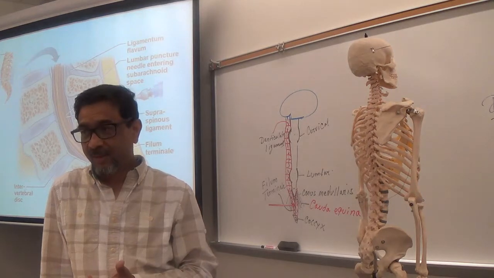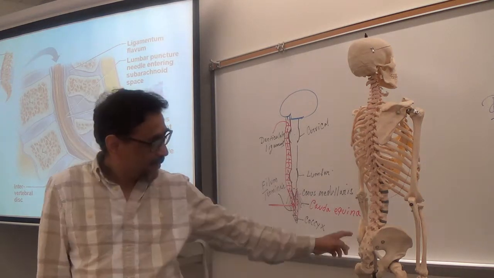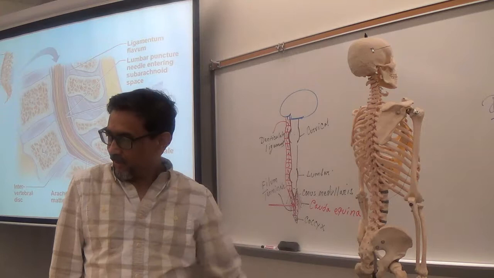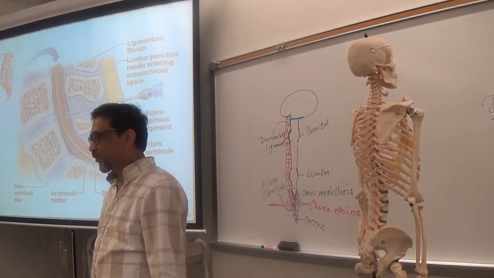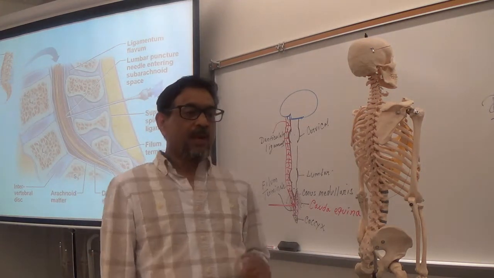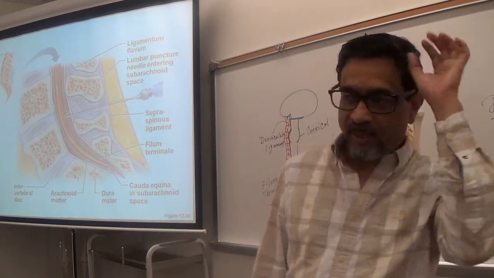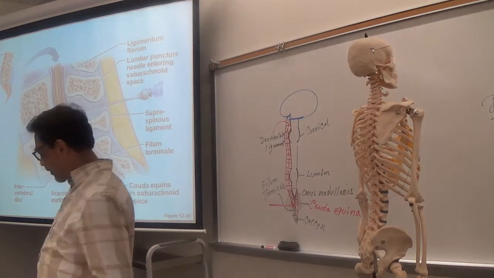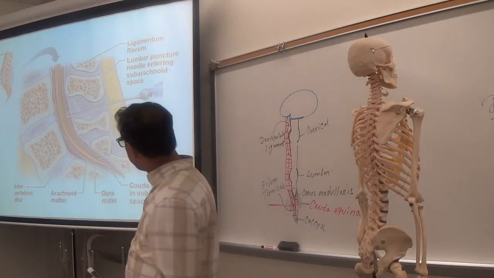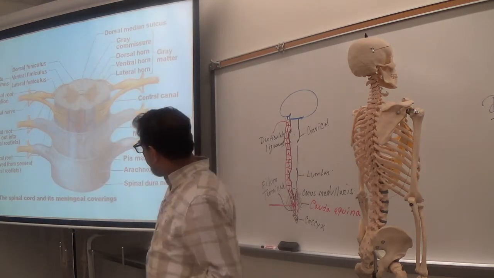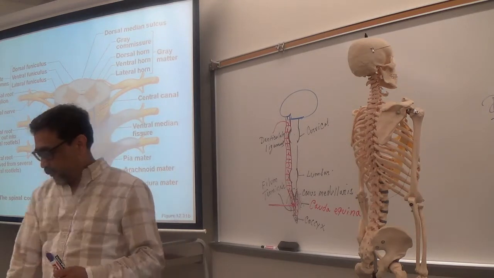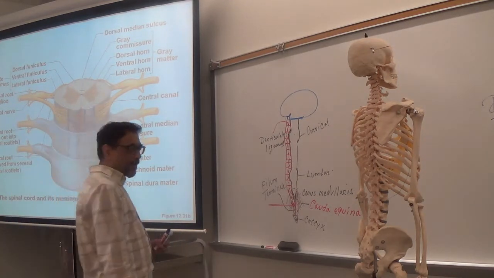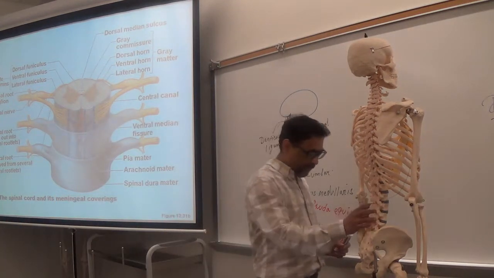We can't see it, but we can find the blood cells in the cerebrospinal fluid. So very important, right? If someone gets a stroke, bleeding occurs, you can find a trace of blood there. So that's the procedure. Now we'll see the spinal nerves.